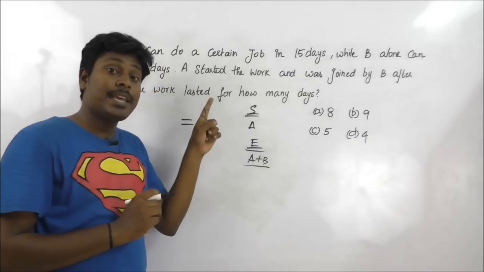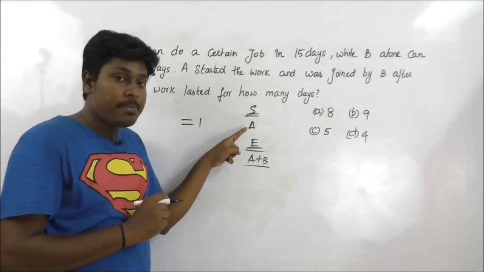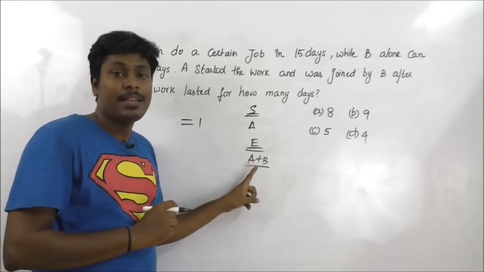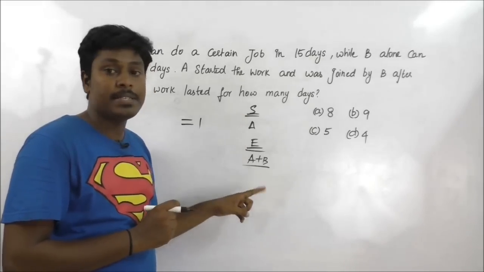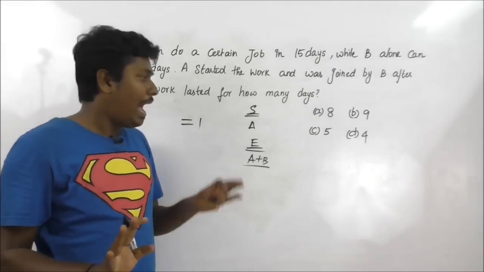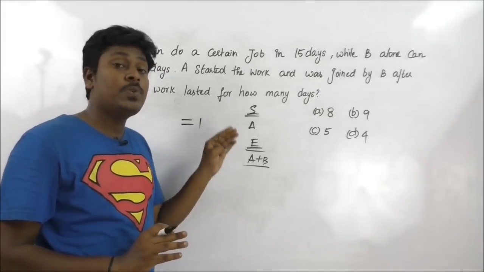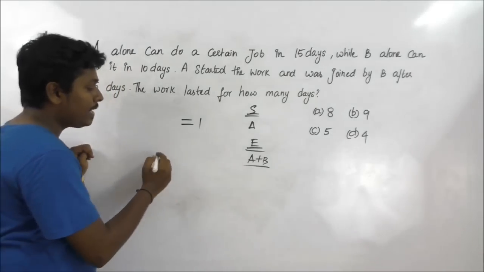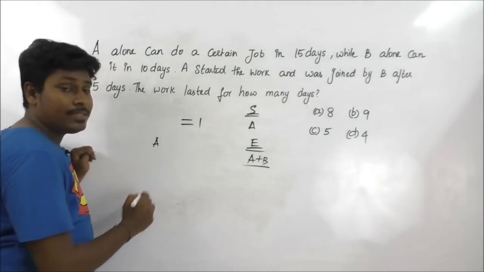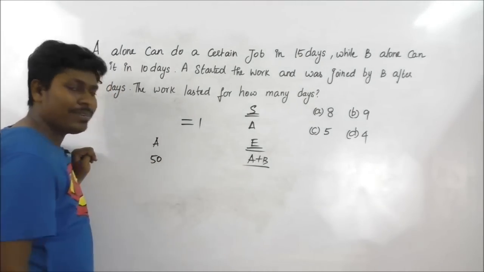In previous cases, A and B started, but at the ending only one person was there. But here at the starting only one person, but at the ending both persons are there. That's a small change, right? And the third target: just assume any values. If I put A equal to 50 days, just assume A equal to 50 days.